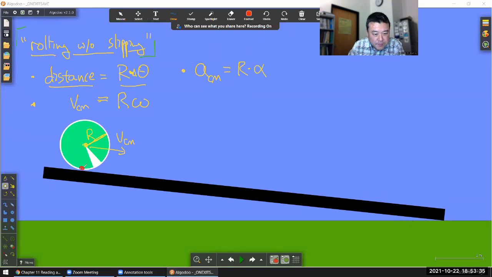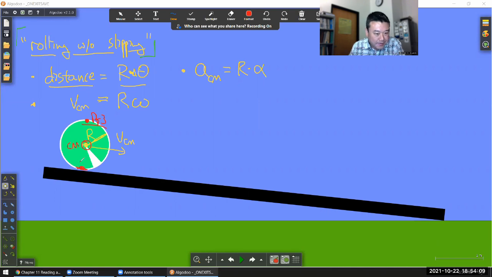Consider these three points: this point where the ball is touching the surface below, this point in the middle, which might even be called the center of mass for a uniform object like this, and this point up here. These three points are moving at different speeds.